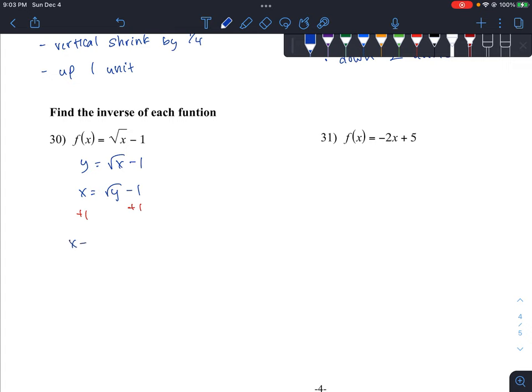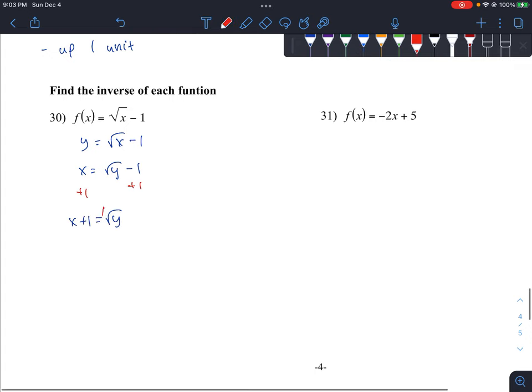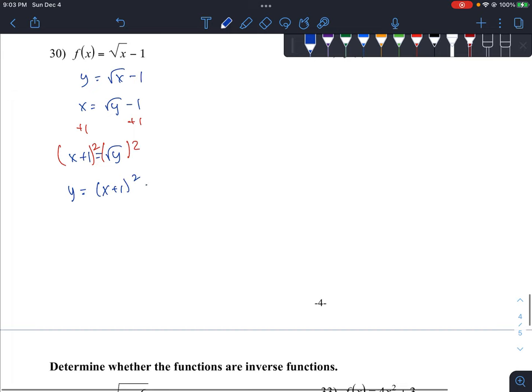So I get x plus 1 is equal to the square root of y. And then I'm going to square both sides. So I get y is equal to x plus 1 squared. And as we all know, that's x plus 1 times x plus 1. So y is going to be equal to x squared plus 2x plus 1 whenever you FOIL that all out right there.